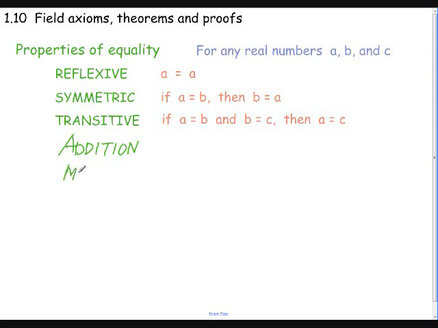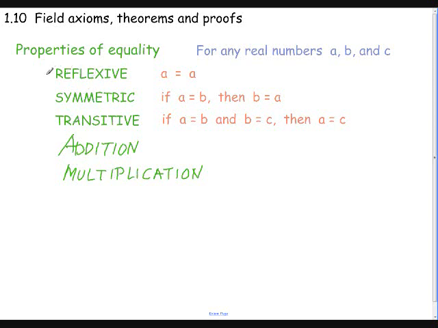And the multiplication property of equality said that as long as we multiply both sides by the same number, the equation stays equal.